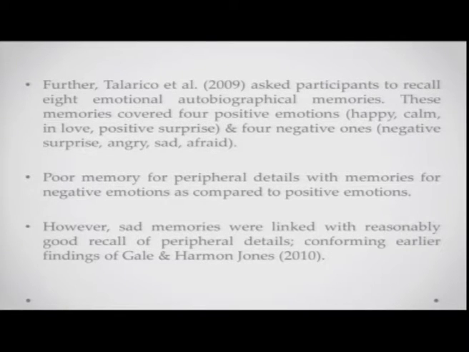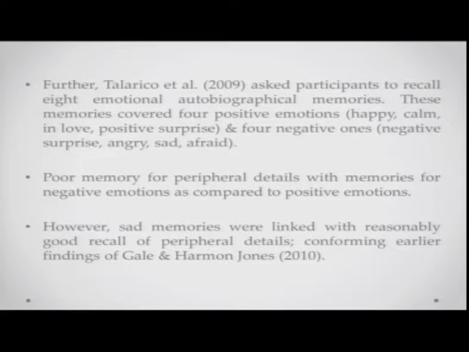When they were talking about positive memories, they could provide a lot of details, but when they were talking about negative memories, they would probably talk only about the negative things that happened, things that were triggering negative thoughts, but not so many of the other details about these memories. Sad memories, however, were linked with a reasonably good recall of peripheral details, confirming the earlier findings of Gable and Harmon-Jones.